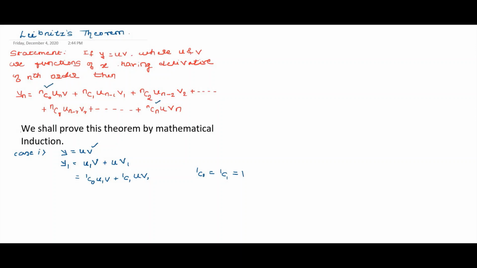So here also it starts with 1C0 and ends with 1C1, means the result is true for n is equal to 1. Therefore the result is true for n is equal to 1.